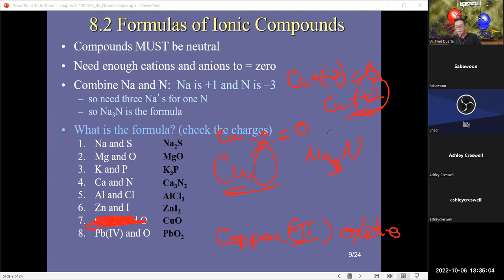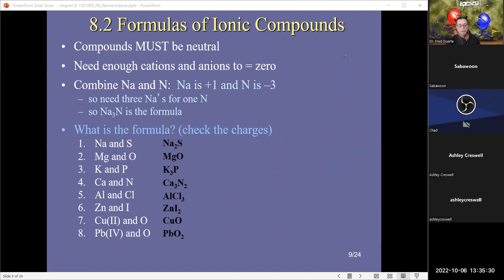Well, you do know that the sodium is group 1, and that means there's a +3 for the 3 sodiums, and that plus whatever charge the nitrogen has, in this case the nitride, equals 0. So what number plus 3 gives me 0? Obviously a -3. Okay. So you see how that works?